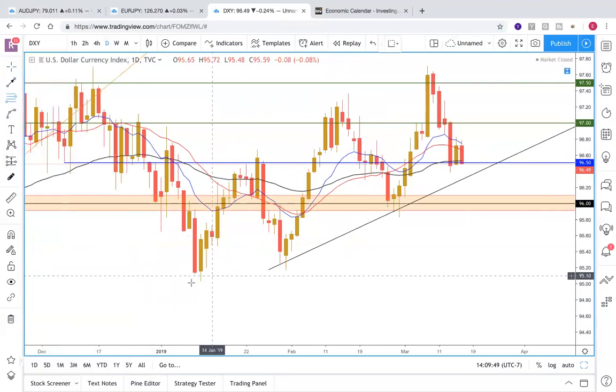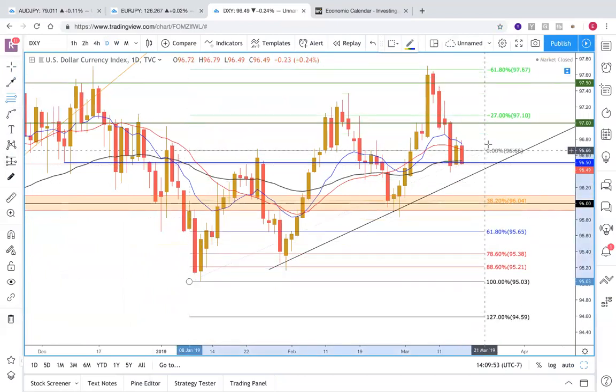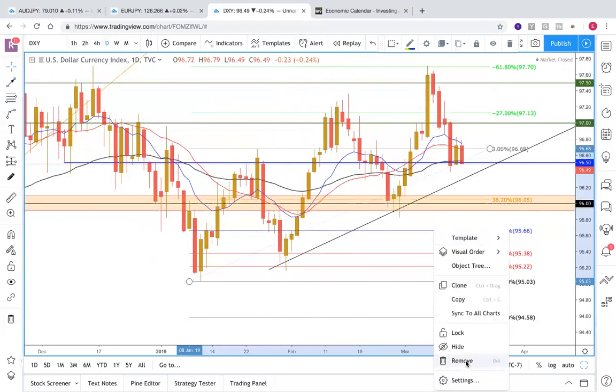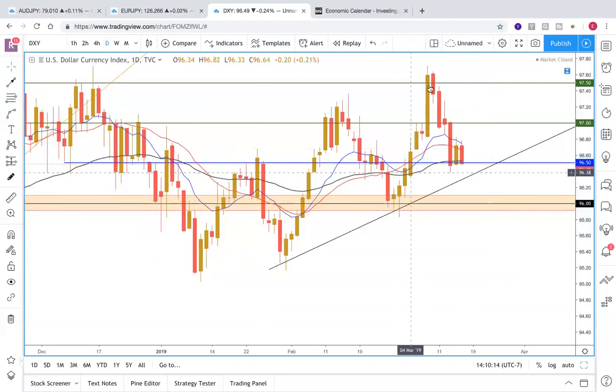If we were to take this first high down to this low up to this first high right here, you can see price hit the 88.6, really closed on the 78.6, and then had a bullish day, bullish week up to the negative 27 retracement before giving us another reversal. After that reversal, price made a new higher low and then made a new higher high.